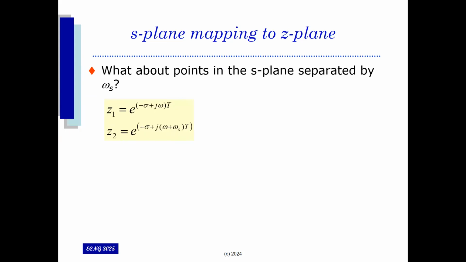Well, we just have to look at the behavior of Z in relation to S. So Z1 is e to the minus sigma plus j omega. If I have a sample, so let's just take it sampling at plus omega s, so omega now is omega plus omega s.